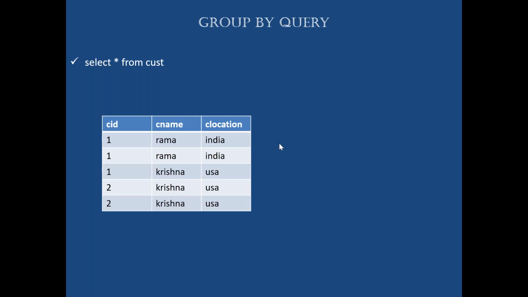Two groups. All ones will be one group, twos will be one group. Next, group by CID, CNAME. It's like country and state: within India there are states also, meaning all India people will not be one group this time.